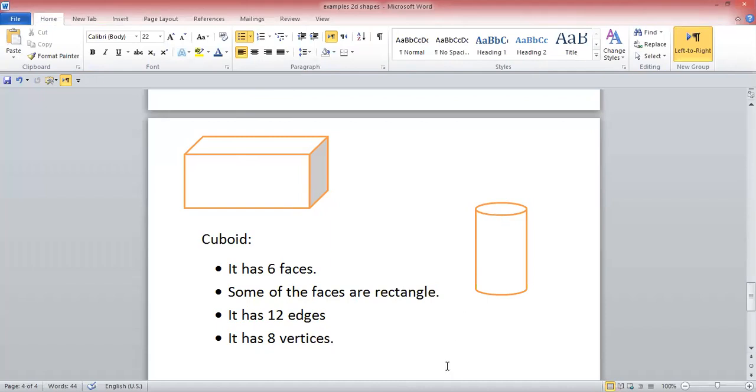In a cylinder, how many faces, how many vertices, and how many edges are there? A cylinder has no vertices because it doesn't have any corners. It has two flat faces and some edges.